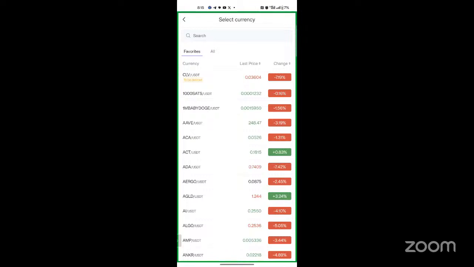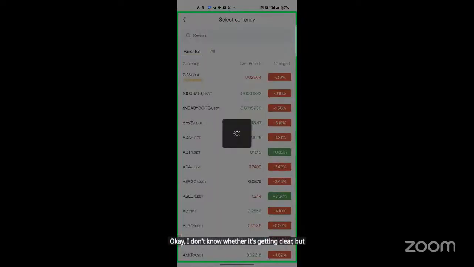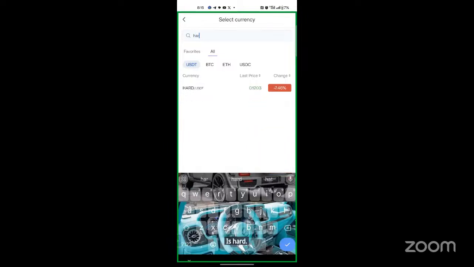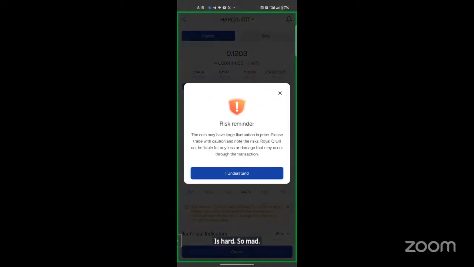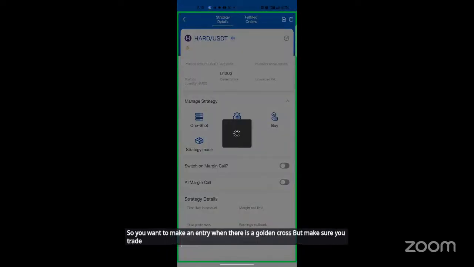Okay. I don't know whether it's getting clear, but you have a choice. So another coin on our list is hard. So you want to make an entry when there is a golden cross, but make sure you trade with margin calls.